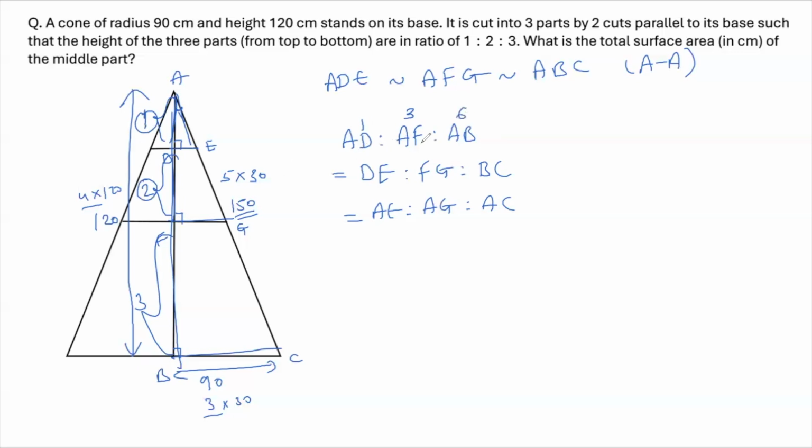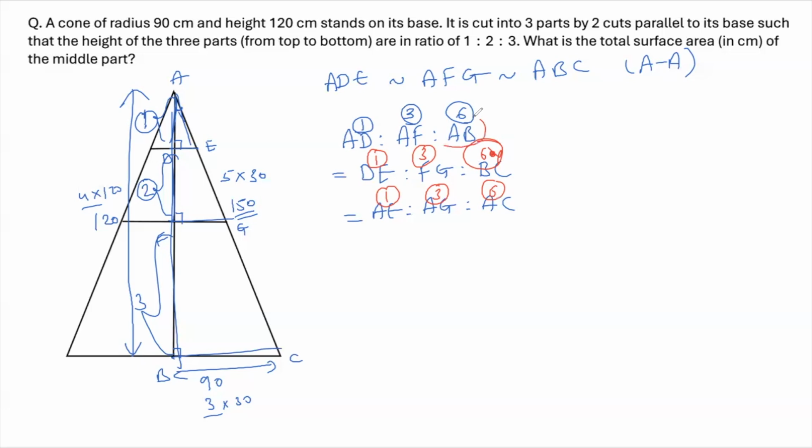So AD is to AF is to AB is 1 is to 3 is to 6. And similarly, guys, we can say DE, FG, BC will also have the ratio 1 is to 3 is to 6. And similarly, AE, AG, and AC will also have the ratio 1 is to 3 is to 6. Sorry, this is not 60, it is 6.